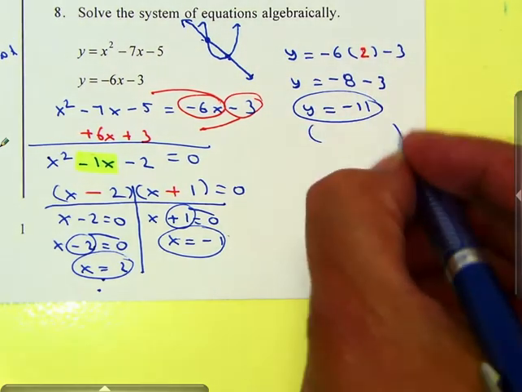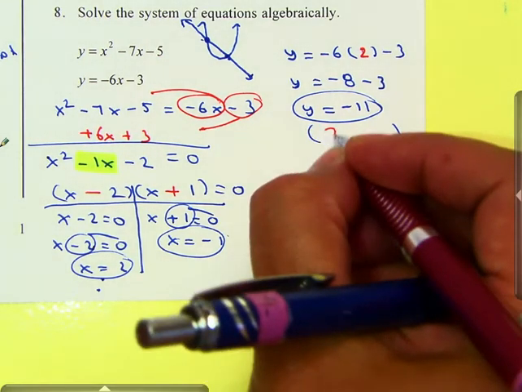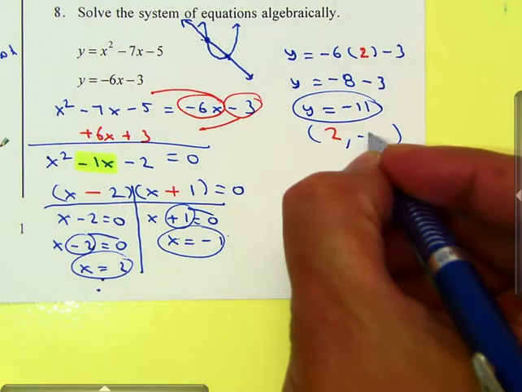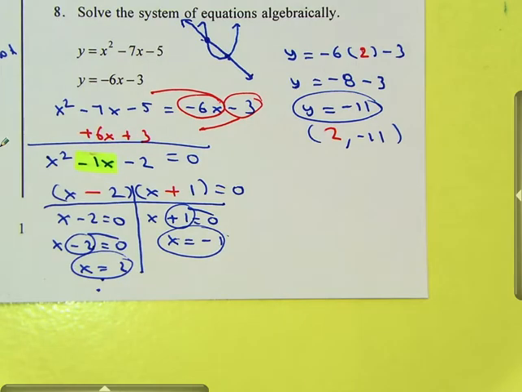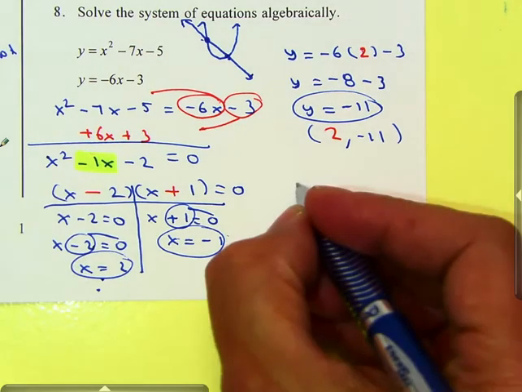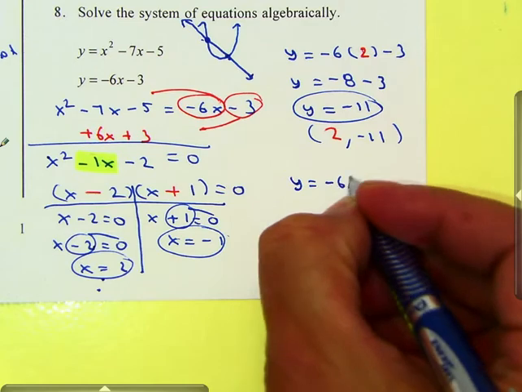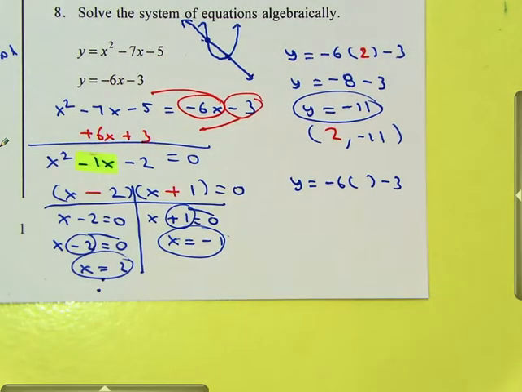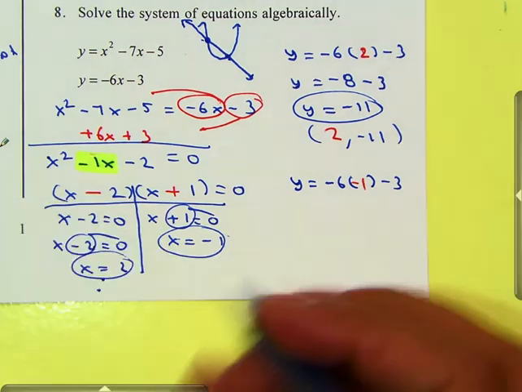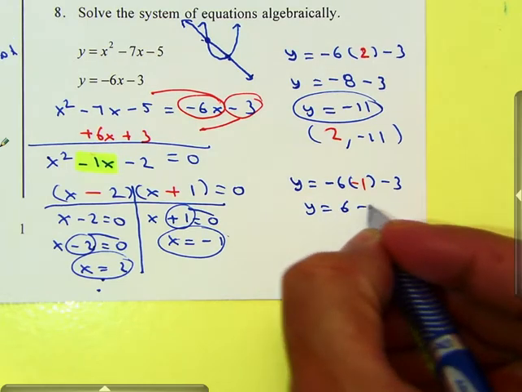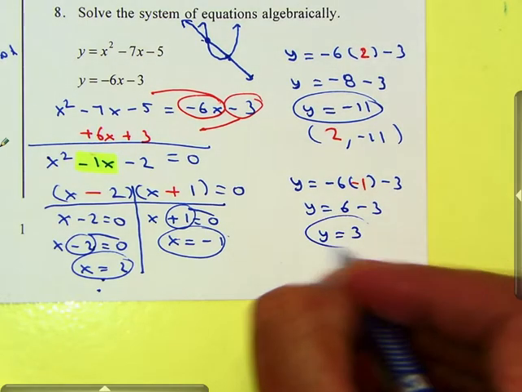So therefore, my first solution, my x value is 2, and the corresponding y value is negative 11. That's where they cross. For the second intersection, negative 6x minus 3, and the x value is negative 1. Y equals 6 minus 3, so y equals 3.